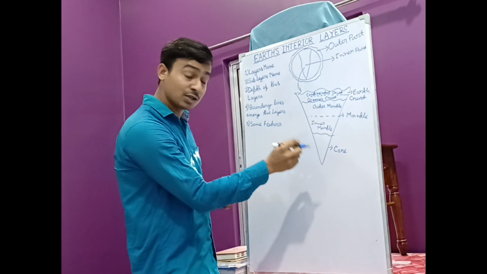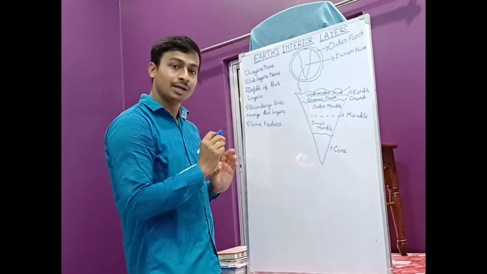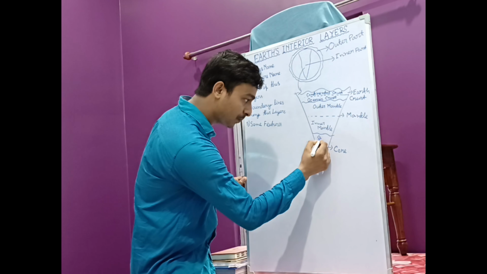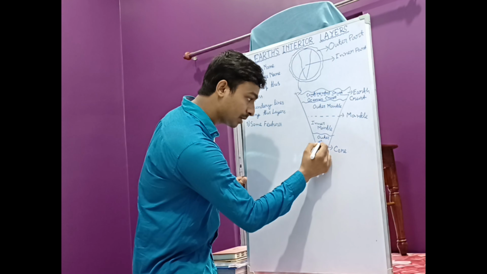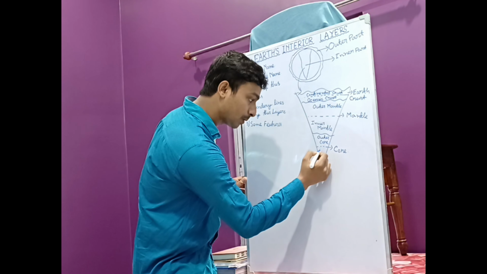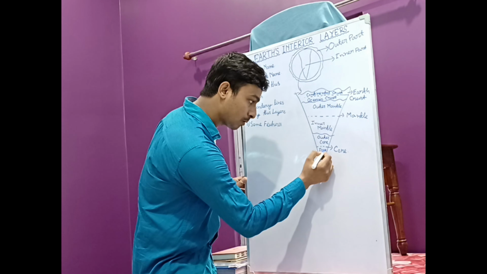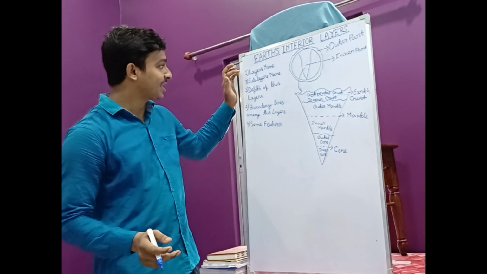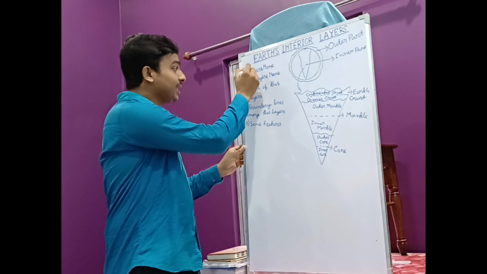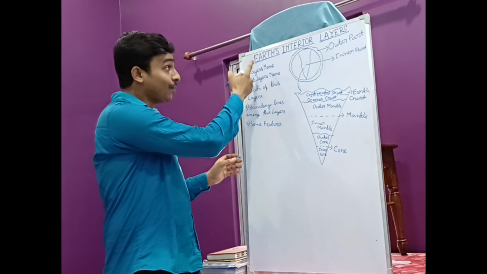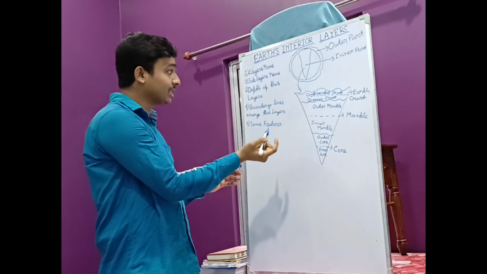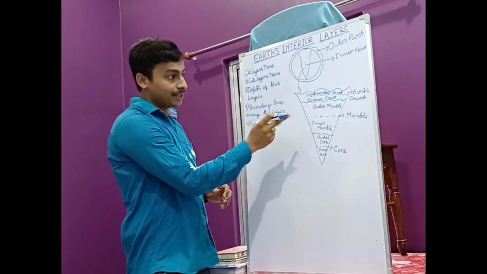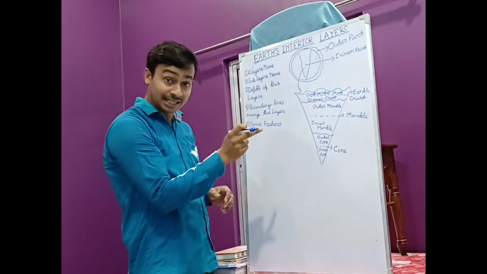This part also divides into two sublayers, outer core and inner core. So I discussed first main layers name of earth interior region. Second, I discussed sublayers name from earth interior region.